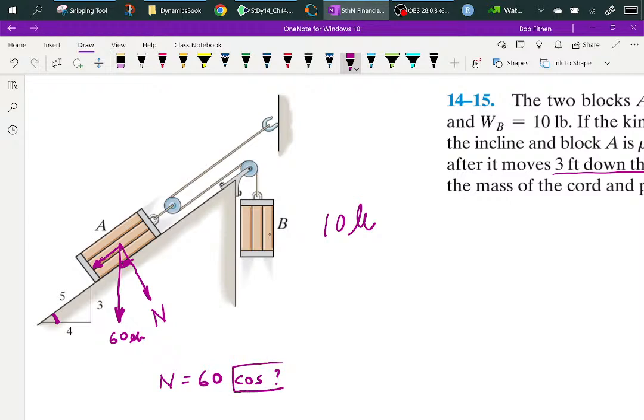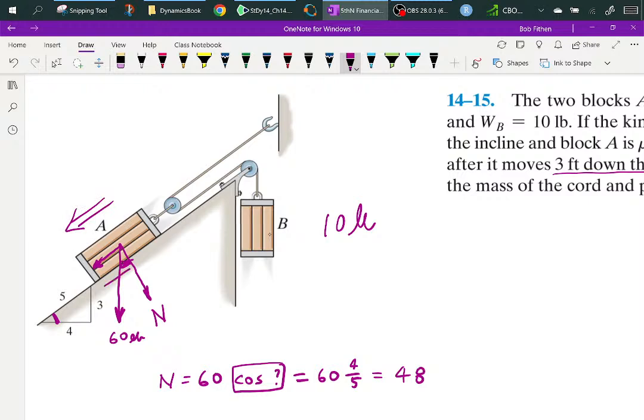So it's going to be 60 times 4/5. In that 12 and then 4, it's 48. Is that right? I'm moving into some difficult territory for myself. So that's 48.